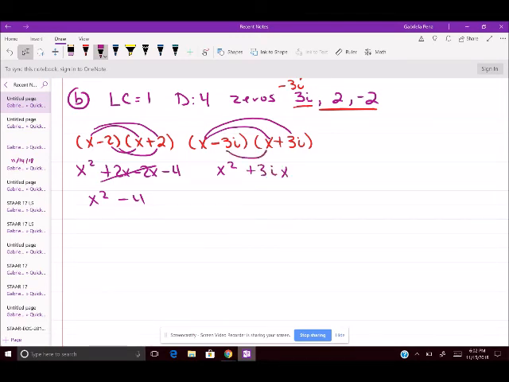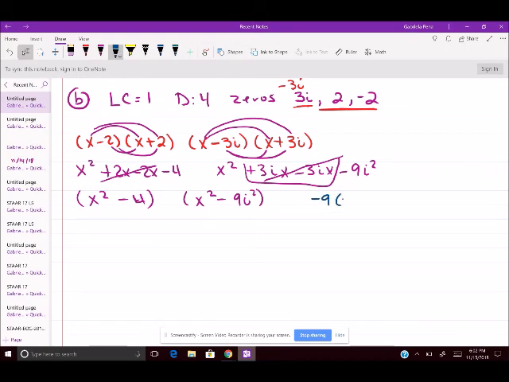Negative 3i times an x, a negative 3ix, negative 3i times a positive 3i is a negative 9i squared. Now these two cancel. So here I have x squared minus 9i squared. But please remember what we do with the i squared. So it's a negative 9 times a negative 1, which gives me a positive 9. So this is really x squared plus 9. And this is an x squared minus 4.